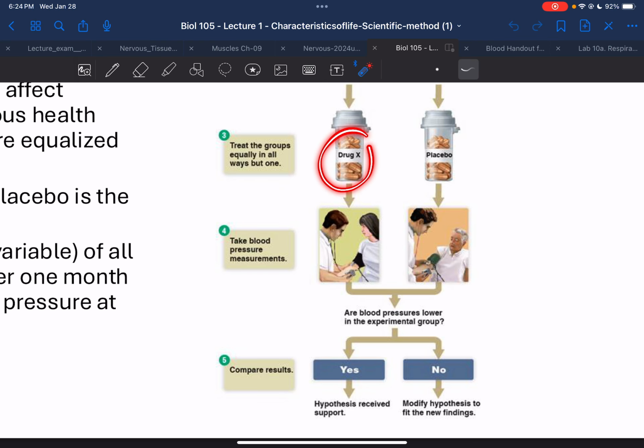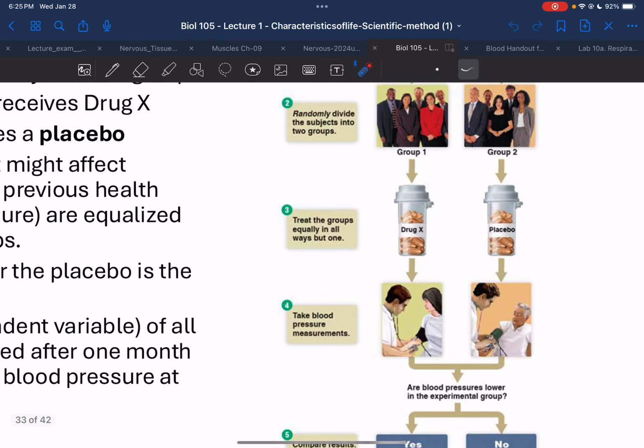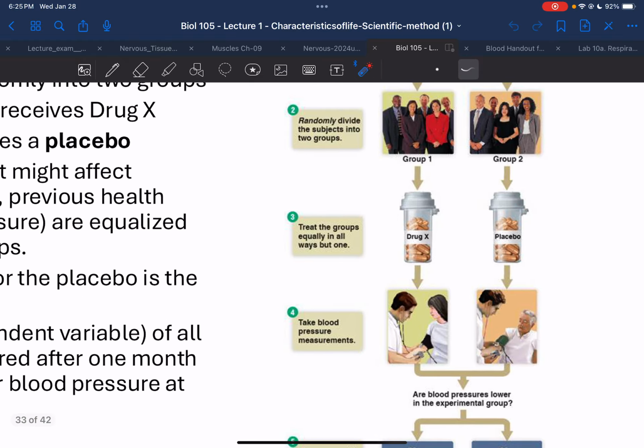But if you give the drug to them the same as the placebo, which can be just like a sugar pill, it's not anything real, it's a fake pill. And so you give drug X, and let's just say their blood pressure stays elevated. Then you give the placebo to the group, and their blood pressure stays elevated. So it turns out that perhaps your drug is not doing anything. So you need this as something to compare it to.